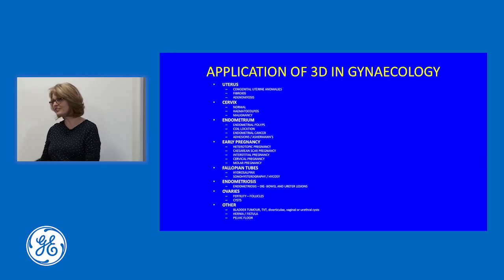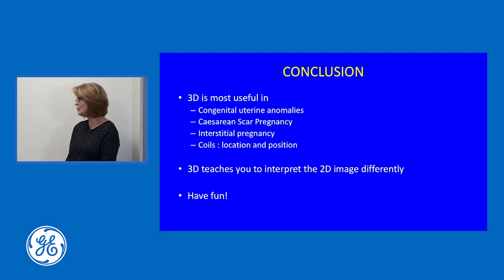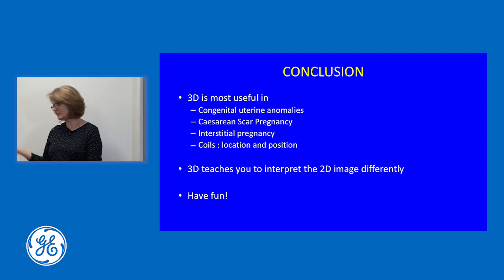So I hope that I've shown you that there are lots of applications for 3D in gynecology, that I think it's most useful in the diagnosis of congenital uterine anomalies, cesarean scar pregnancy, interstitial pregnancy and coils, location and position.